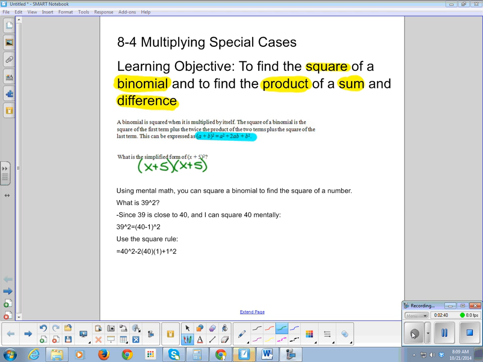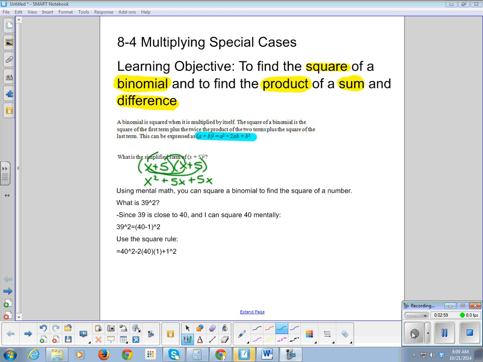So we're going to do first, x times x is x squared. Outside, x times 5 is 5x. Inside, 5 times x is 5x.